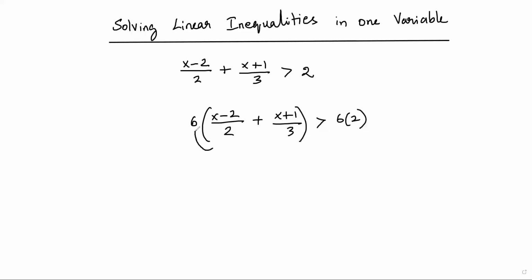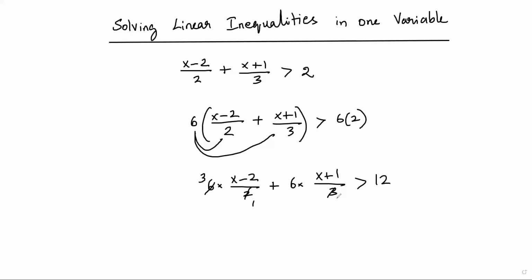So now this 6 has to be distributed to this one and this one. Then 6 times (x minus 2) over 2, positive 6 times (x plus 1) over 3, greater than 12. So 2 goes into 2 one time, 2 goes into 6 thrice, and 3 goes into 3 one time, 3 goes into 6 twice.